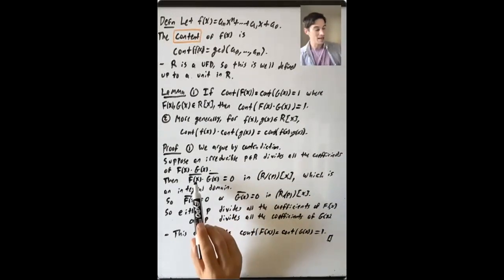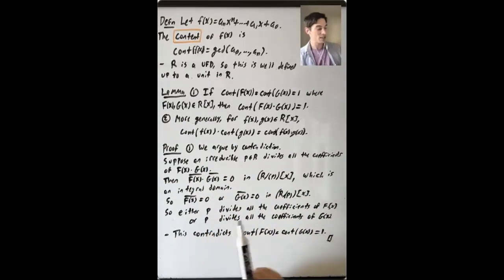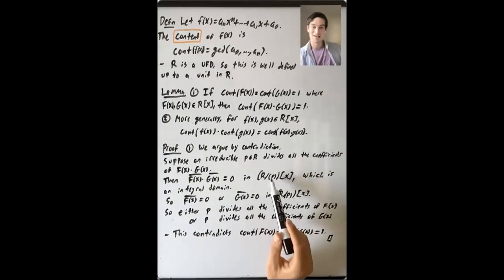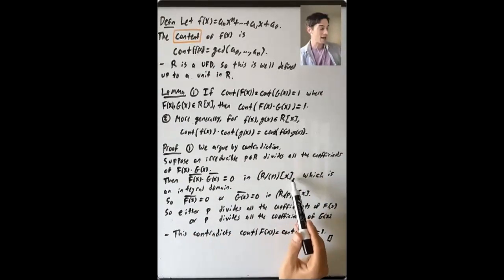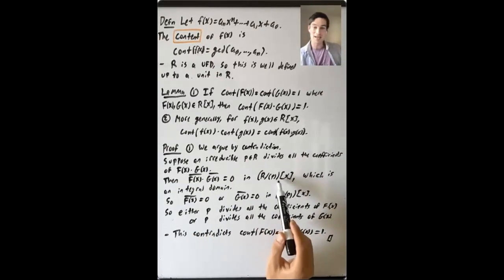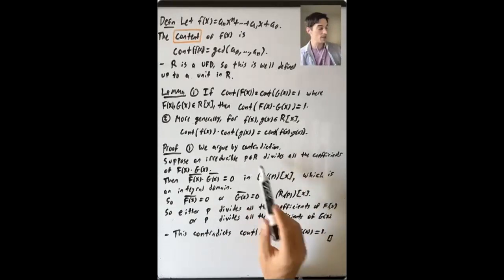So the image under this reduction, the image of capital F times the image of capital G, is 0 in R modulo the ideal generated by p bracket x. And what do we know about this ring? This is an integral domain because the ideal generated by p is a prime ideal.